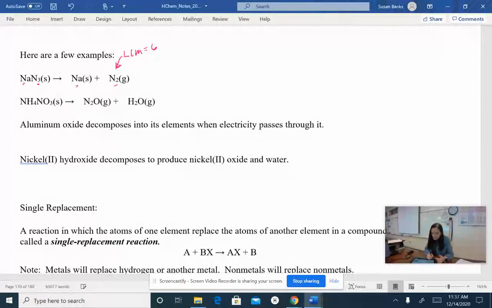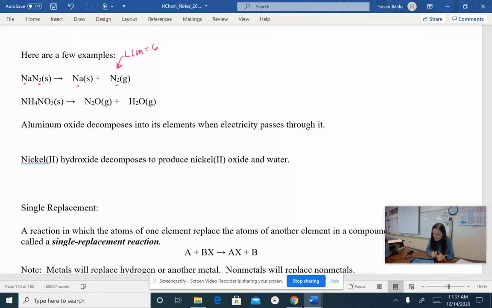So how many 3s do I need to get 6 nitrogens? I need 2 of them. And how many 2s do I need to get 6 nitrogens? I need 3 of them, right? So that balances our nitrogens, but notice this 2 here also multiplies my sodium. So I need to go back and multiply my sodium to make it fit, okay?